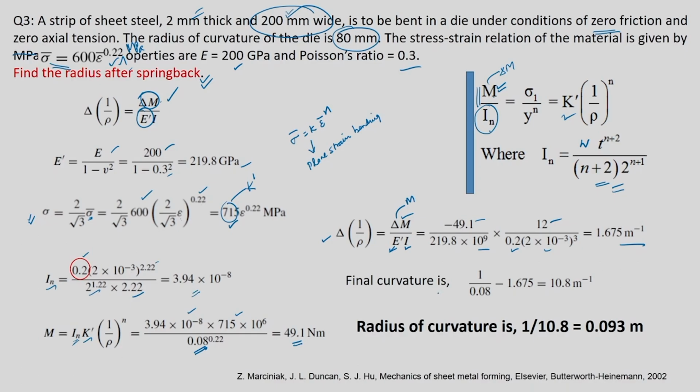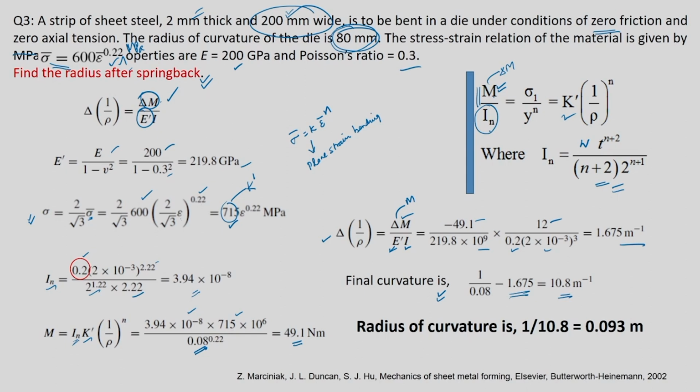So, now final curvature, how do you get it? You can get it by 1 by 0.8, which is again the original radius of curvature. This is what actually references, okay. We need to bend a sheet to this much radius of curvature. But then it is not going to happen. We are going to remove this particular part from this, which we already calculated, which is about 10.8 meter inverse.